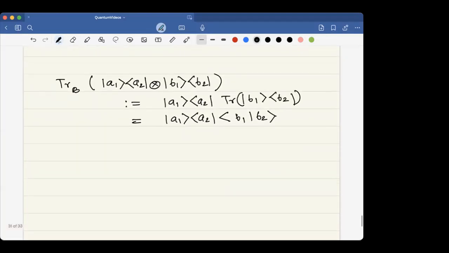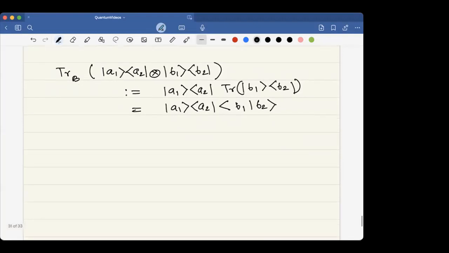Now, let's try to compute the reduced density matrix of a combined system where the initial state is in an entangled state. So we are trying to compute the partial trace of this state, which is the entangled state, 0 1 minus 1 0.